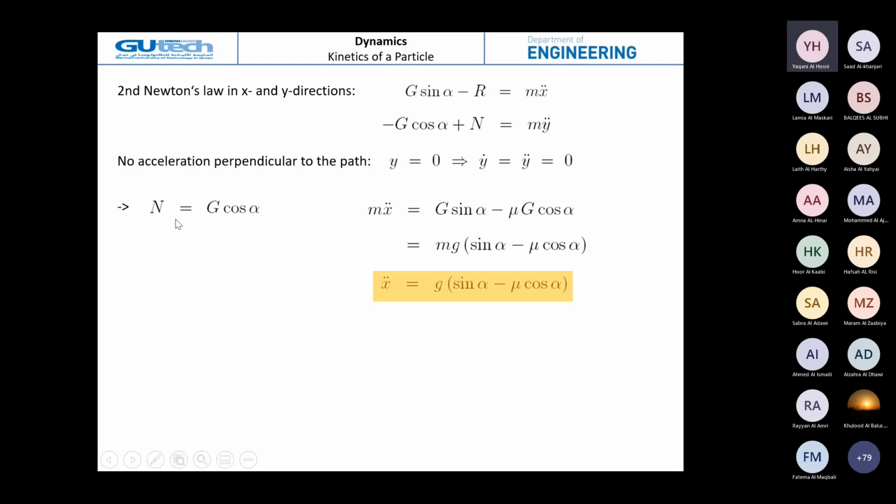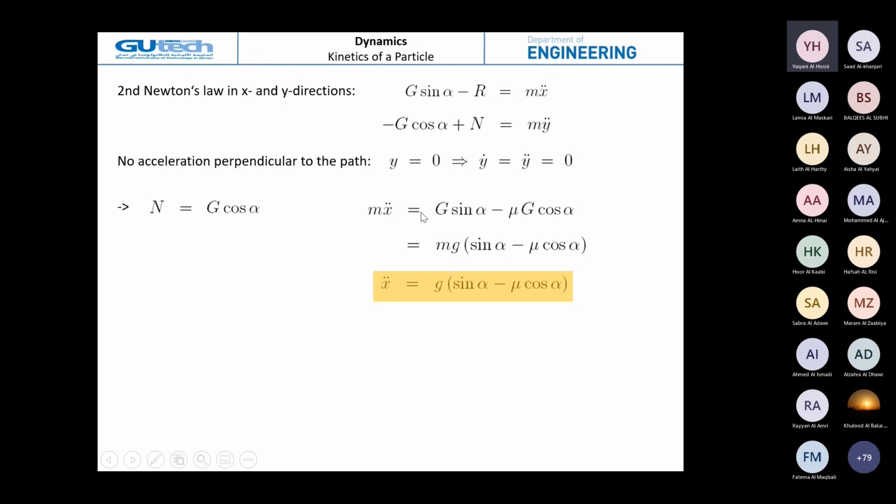Now, if we look here, the acceleration is equal to zero, because there is no motion along y direction. In this case, this term is equal to zero, like in the static equation. Then the normal force is only G, the gravitational force, multiplied by cosine alpha.